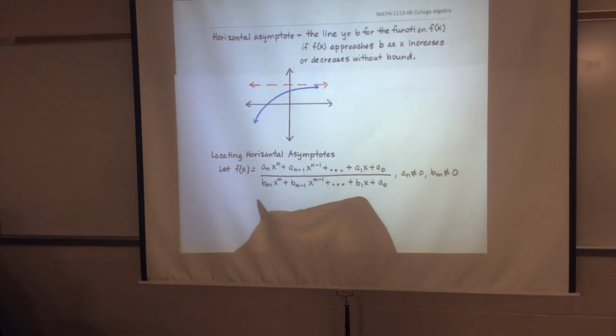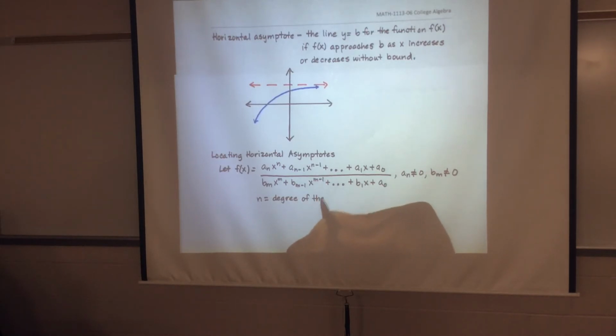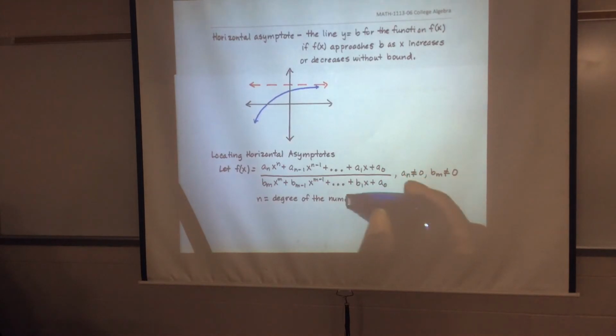Now, I'm letting n be the degree, or the highest exponent, of the numerator. Back in section 3.2, we did talk about the degree, which is the highest exponent of a polynomial function.